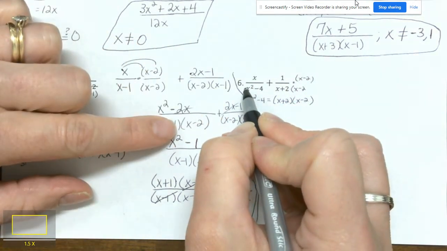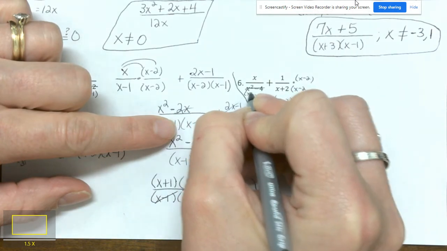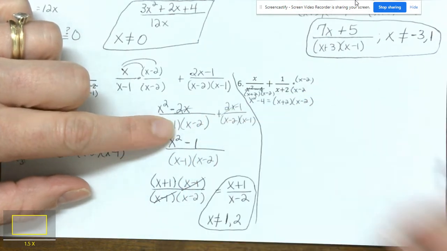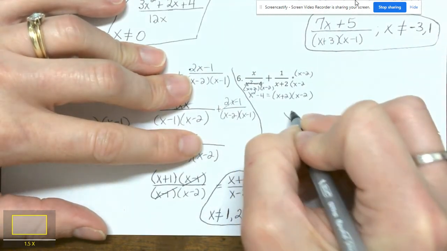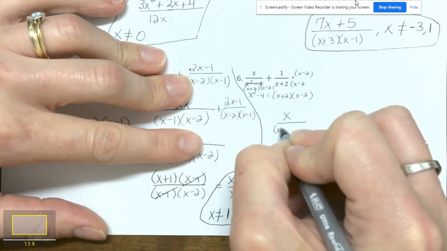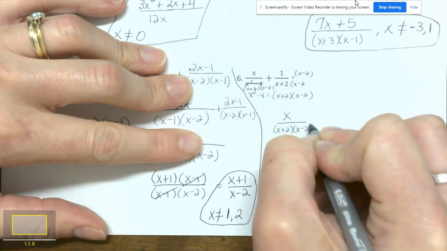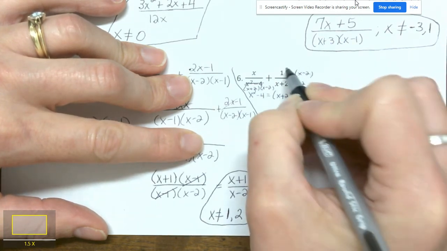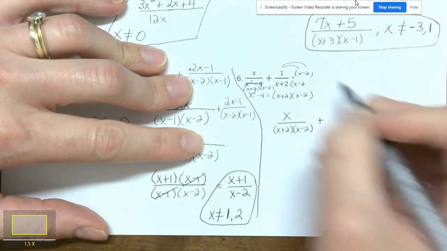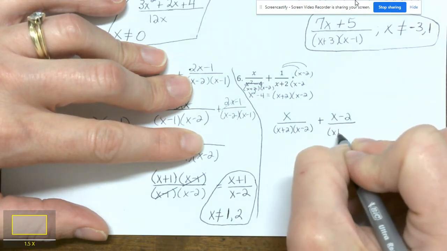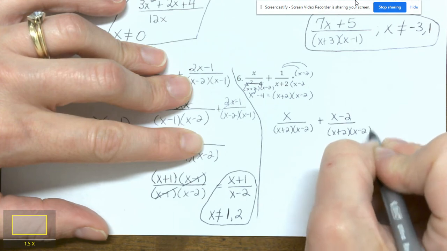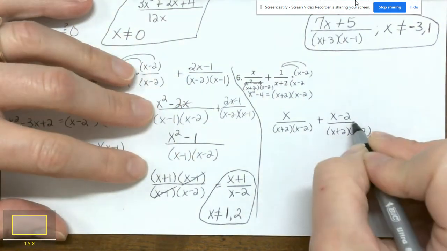But this one here, you can mark through that, and it already has the common denominator, x plus 2, x minus 2. Okay, so what we've got here is x over x plus 2 times x minus 2 plus, okay, now we got to multiply here. 1 times x minus 2, that's going to be x minus 2, over our common denominator, x plus 2 times x minus 2.